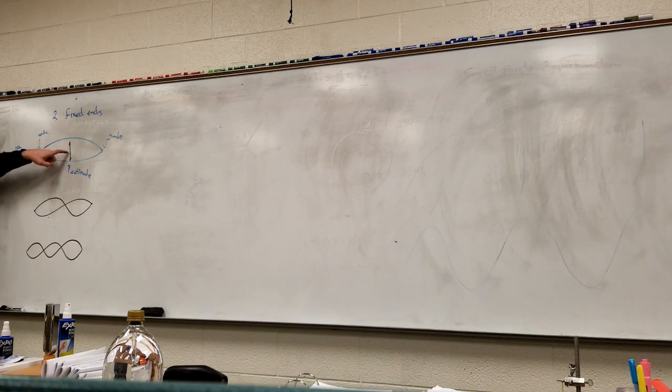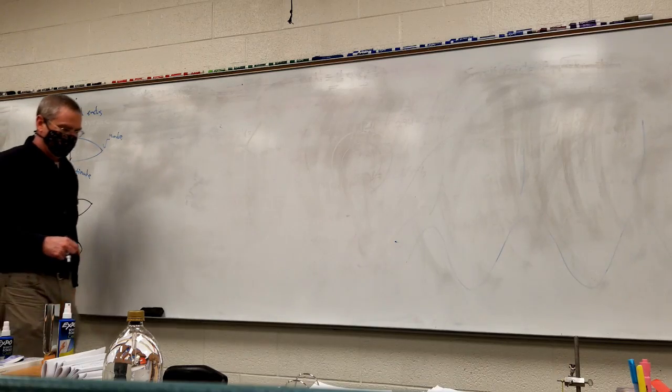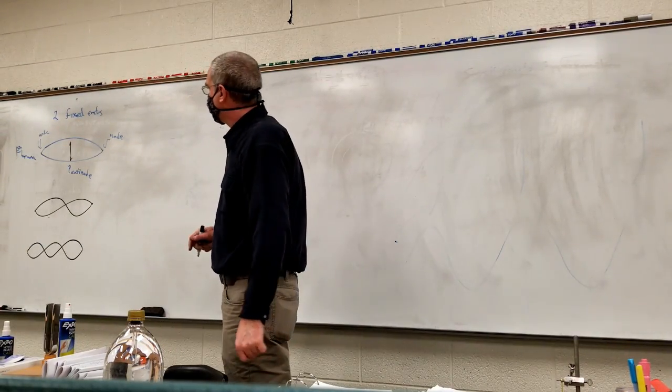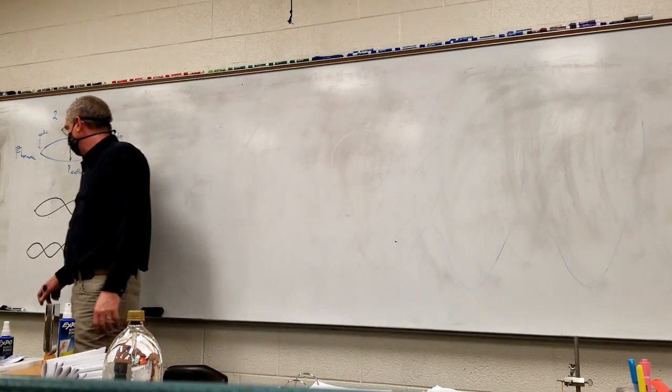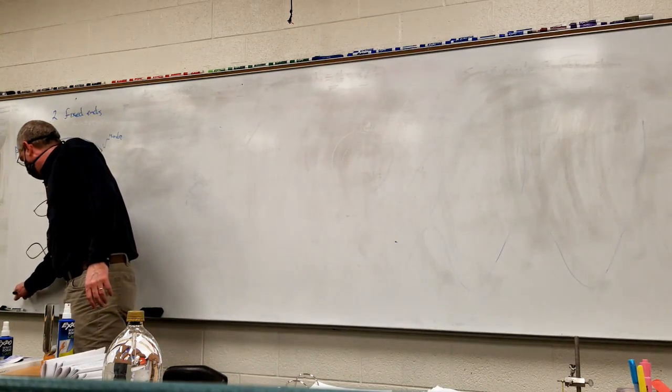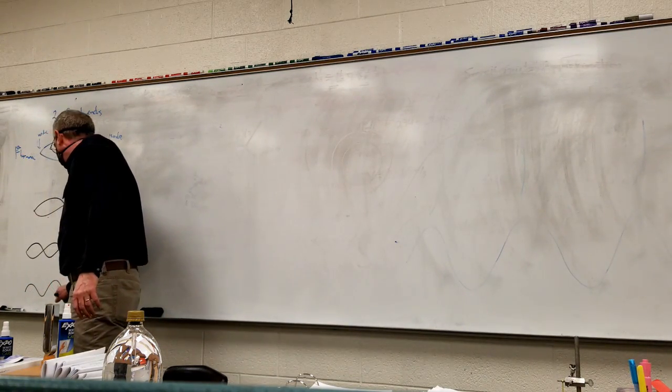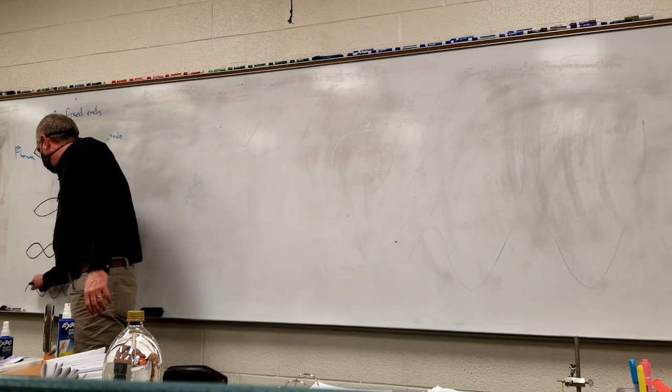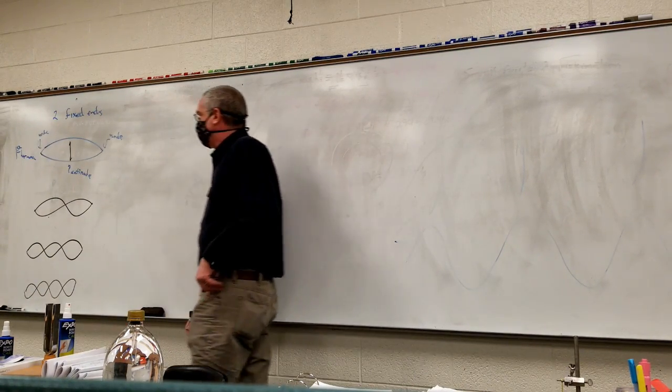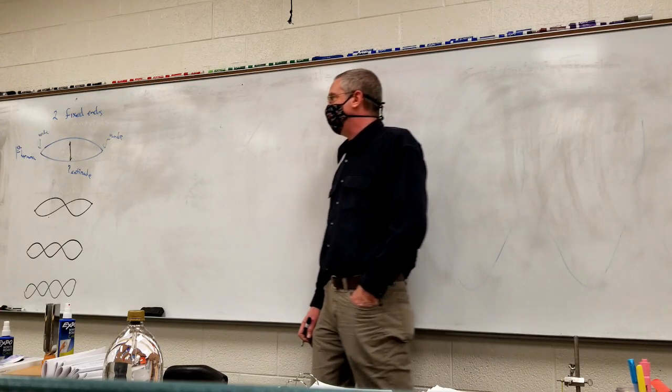But if you just stick your finger there, you're going to feel the string hitting your finger. Third harmonic. And we'll throw the fourth one in there just for fun. And so these are typically the way that the harmonics are drawn.